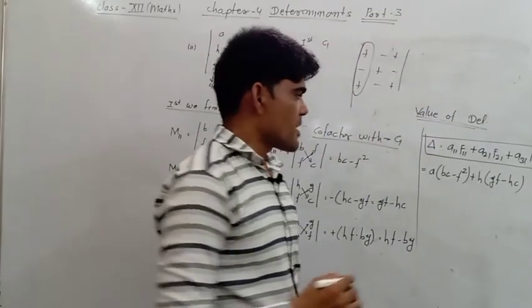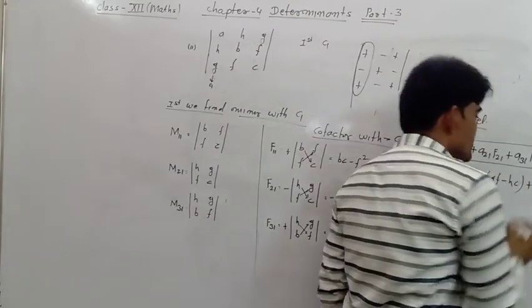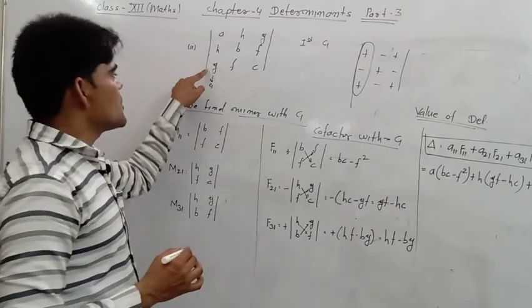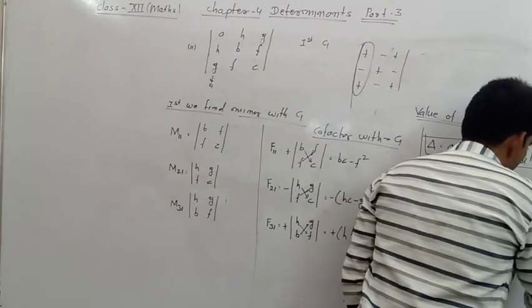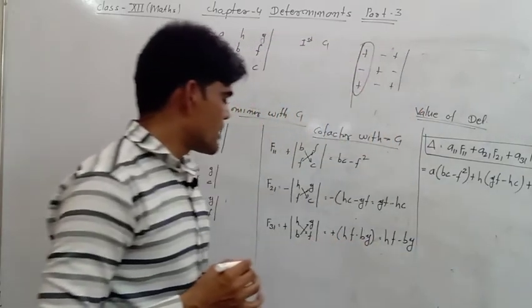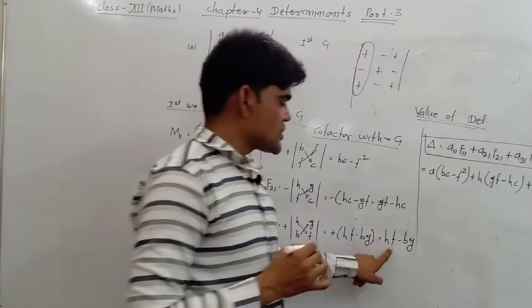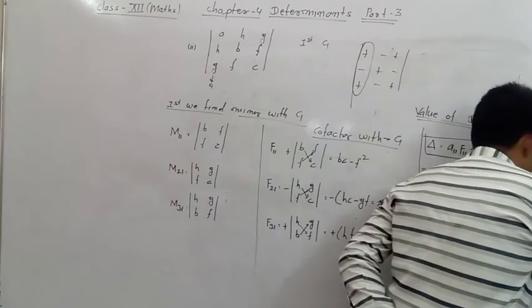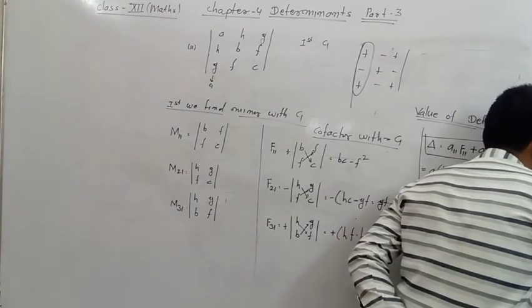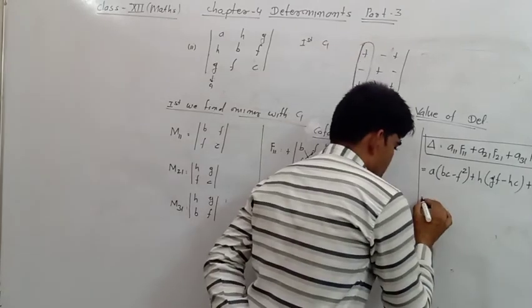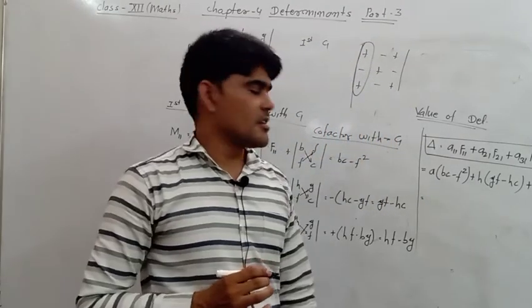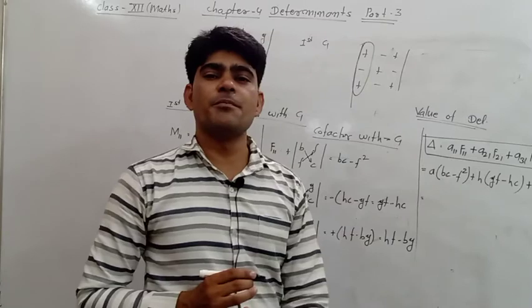Okay, plus A31, this is G. Then we put G and in the bracket the value of F31, HF minus BG.